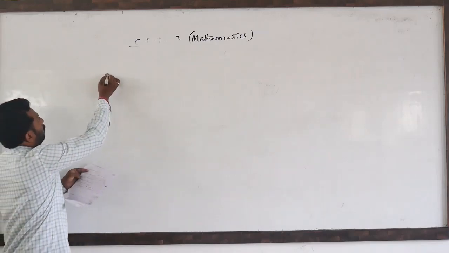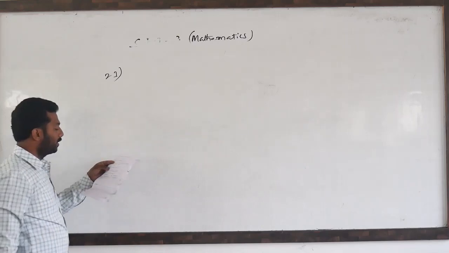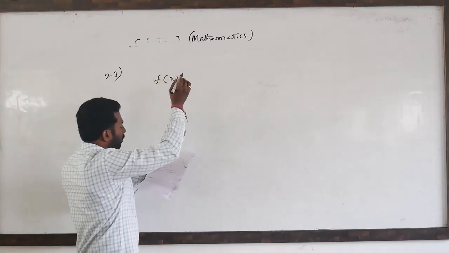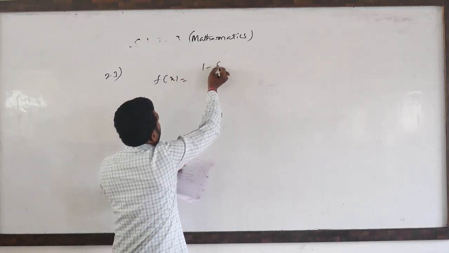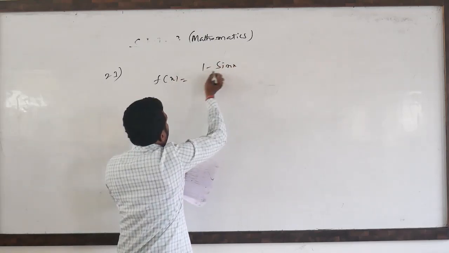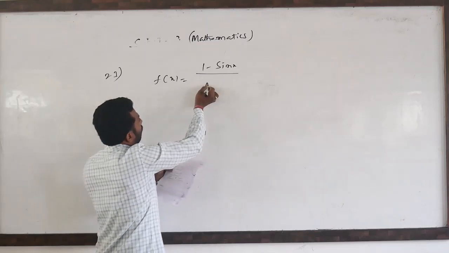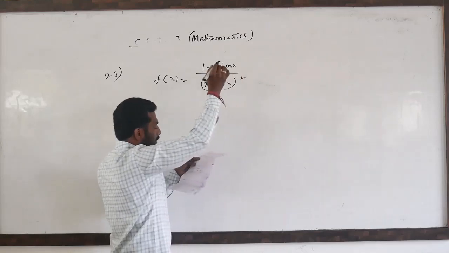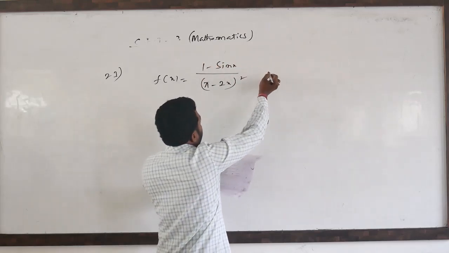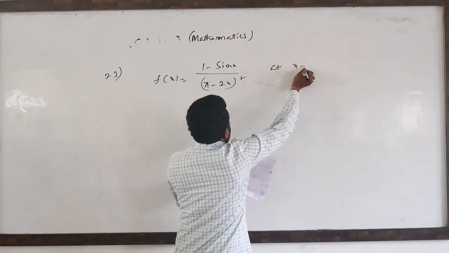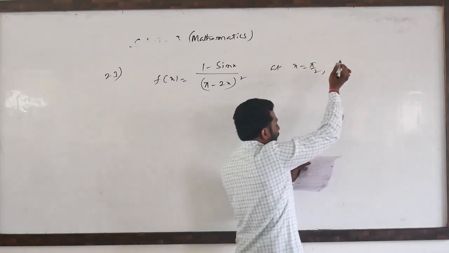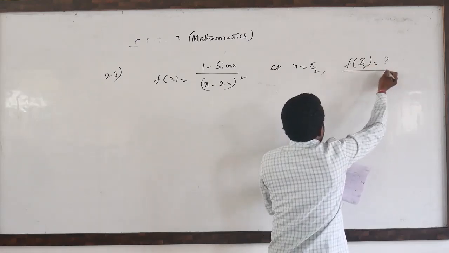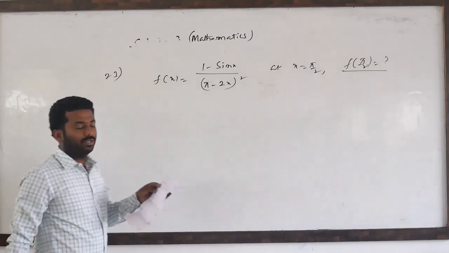So 23rd question, see how they are asking. f of x equal to (1 minus sin x) divided by (pi minus 2x) whole square is continuous at x equal to pi by 2. Then they are asking what is f of pi by 2.